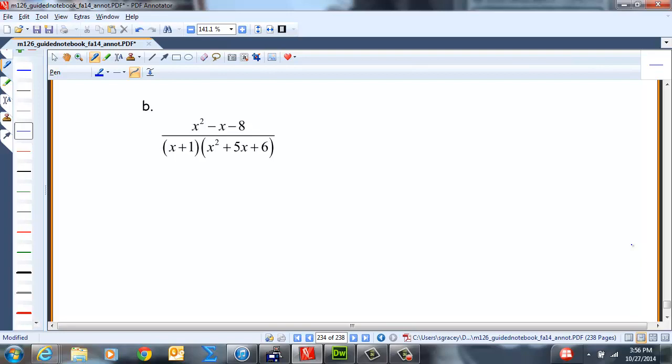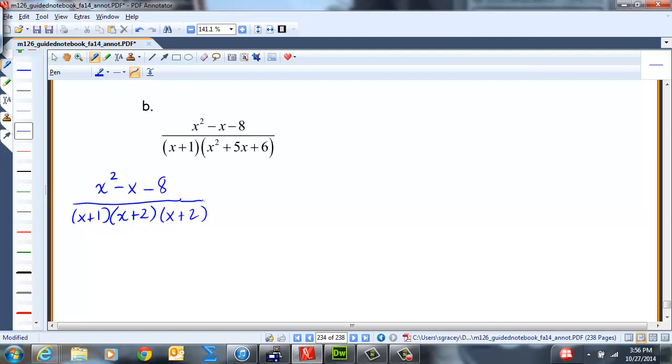So this one is equivalent to x squared minus x minus 8 over x plus 1, and you can factor x squared plus 5x plus 6 as x plus 2 times x plus 3.